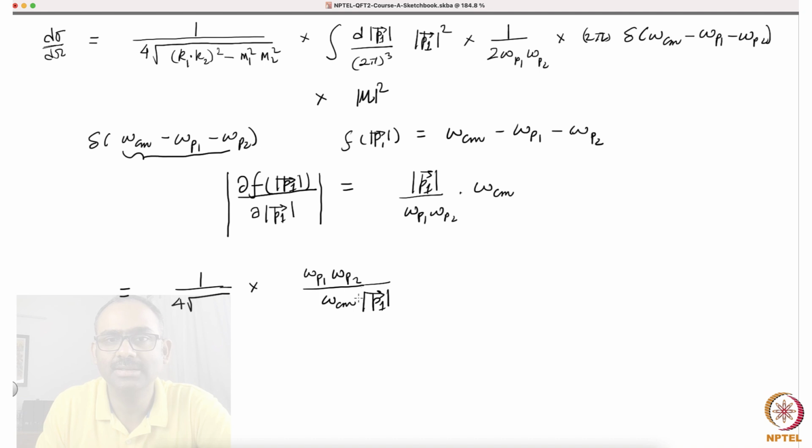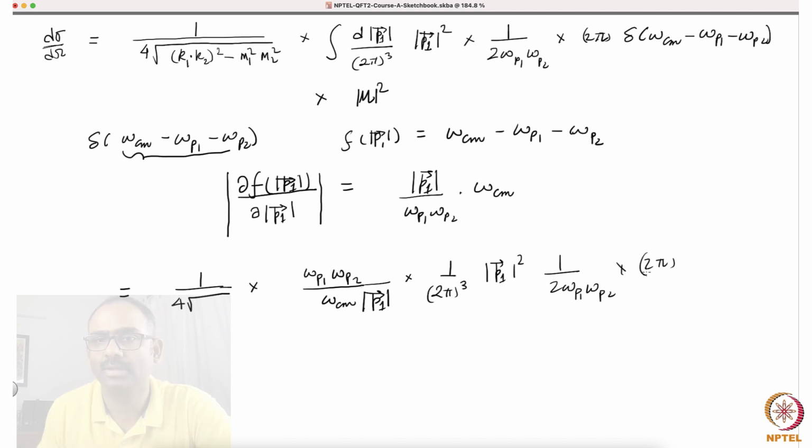So 1 over this thing, fine. Then when I do the integral over p1, that delta function gets used up, and here 1 over 2 pi cube, where I should use omega p1 plus omega p2 is equal to the center of mass energy.